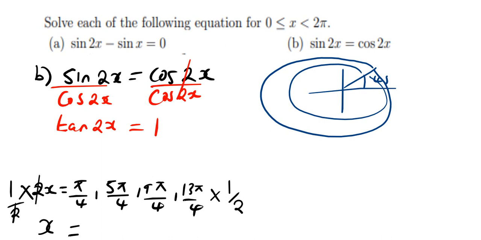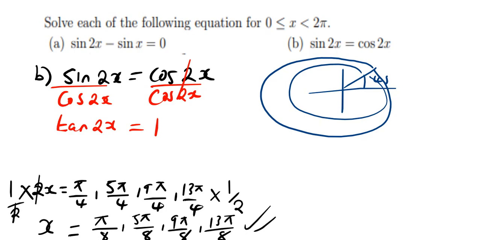On top I'm just going to have pi over, when I multiply the 4's by 2, that will give us 8. So this will be pi over 8, this will be 5 pi over 8, this will be 9 pi over 8, the other one will be 13 pi over 8 as well. So these are the solutions that you are going to have.